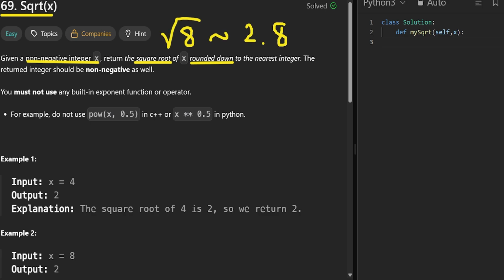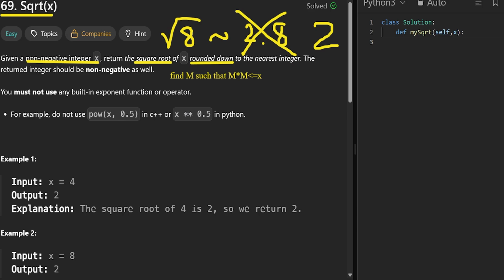But the problem only wants you to return the integer part. So our function will return 2, not 2.8. In mathematical terms, it means given x, we need to find the largest integer m such that m times m is less than or equal to x.